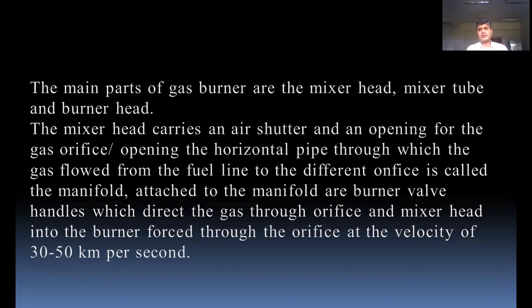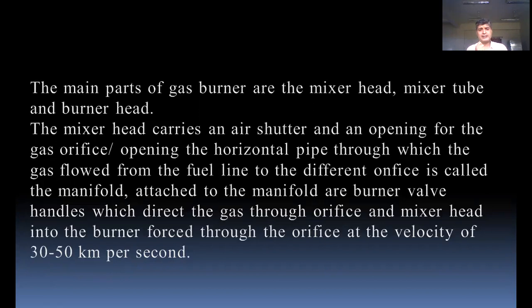The pipe which is connected with gas cylinder has an opening through which the gas flows from the fuel line to the different orifices, and it is also known as manifold. Manifold here means different burner valves by which it can be connected.